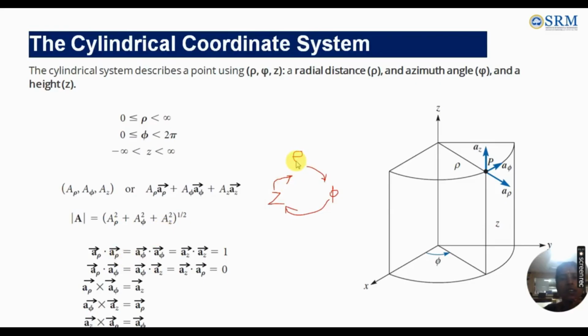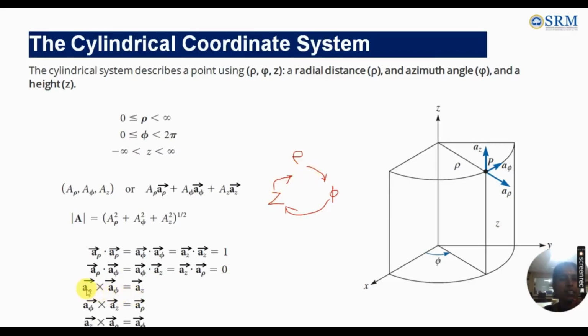We have written rho, phi, z in a cyclic order. We already know that the dot product of the same two unit vectors gives the result 1, whereas the dot product of different unit vectors gives 0. The cross product of two consecutive unit vectors gives the third unit vector.